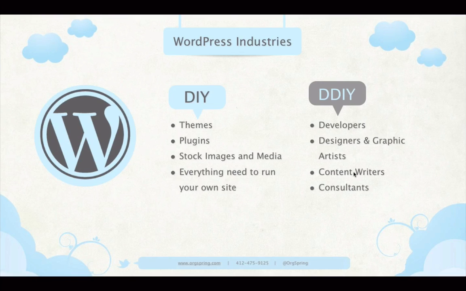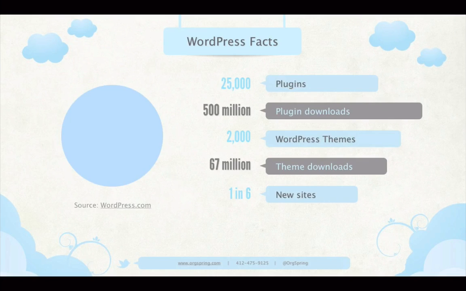You could add content writers, people who just write for you, other consultants, things like that. A lot of different things you can do. To give you a sense of WordPress's width in the internet world, they have more than 25,000 plugins, more than 500 million downloads of those plugins, and more than 2,000 free themes.